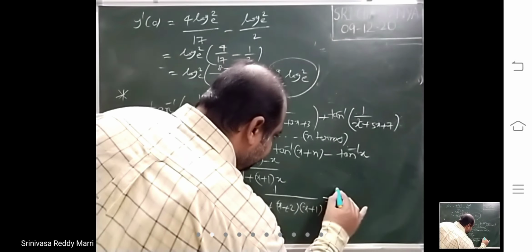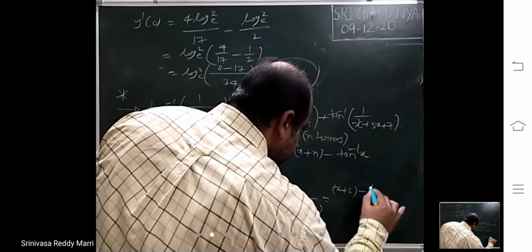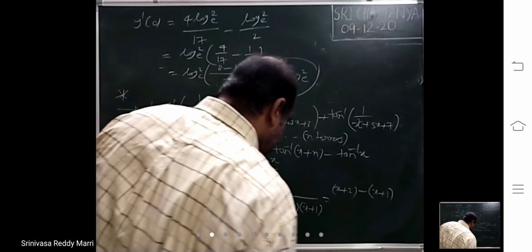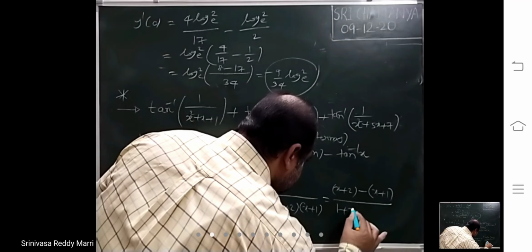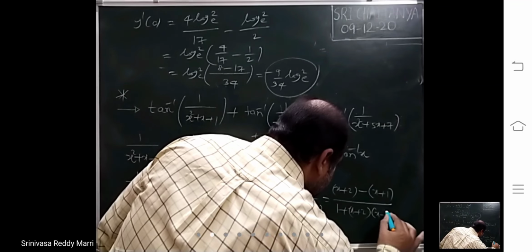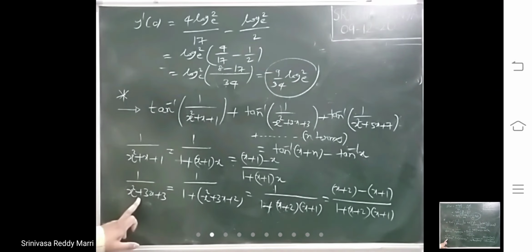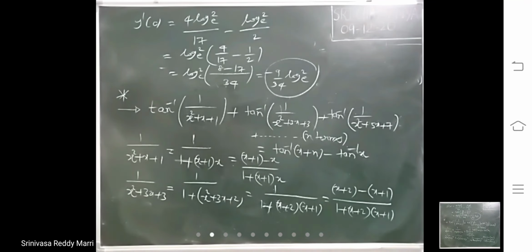That means the above 1 can be written as (x plus 2) minus (x plus 1) divided by 1 plus (x plus 2) into (x plus 1). This is converted into x minus y divided by 1 plus xy.